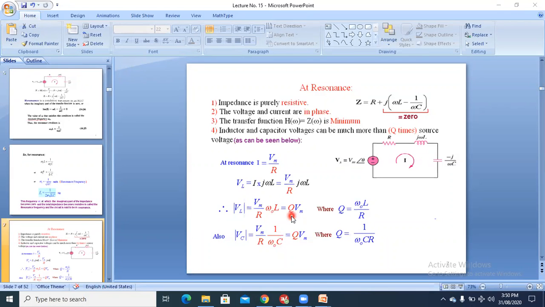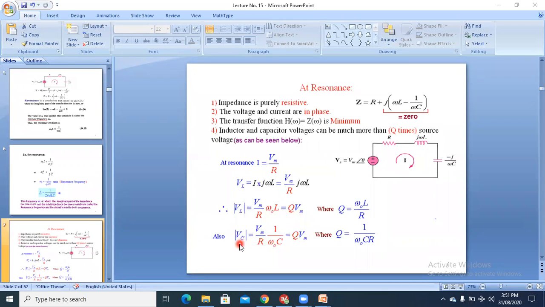So this quality factor can be determined if we just take the value of the voltage. The value of voltage VL is I into j omega L, and I is equal to Vm by R, so this value is equal to Vm by R into omega naught L. So omega naught L by R is equal to Q, the quality factor, and the inductor voltage is Q times Vm.